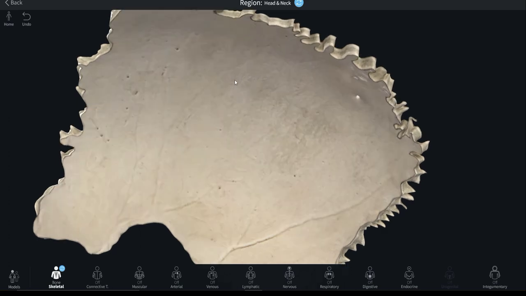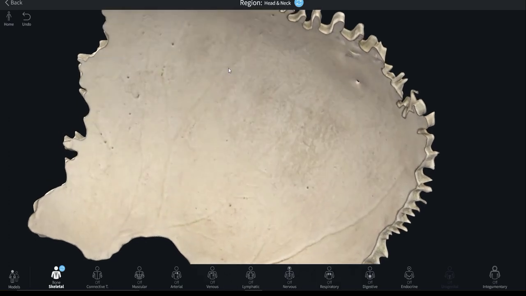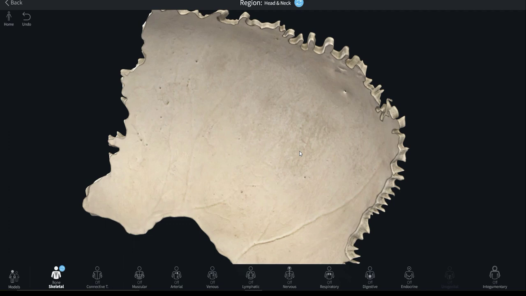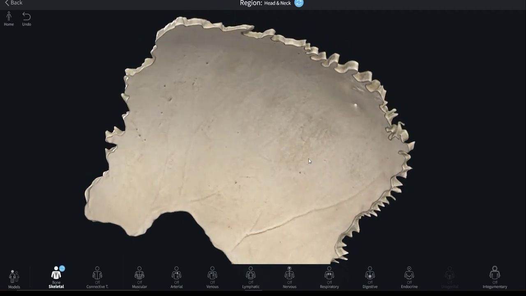These become imprinted upon the inner surface of the parietal bone due to the gyri of the parietal lobe of the brain, because obviously the parietal bone is overlying the parietal lobe of the brain.